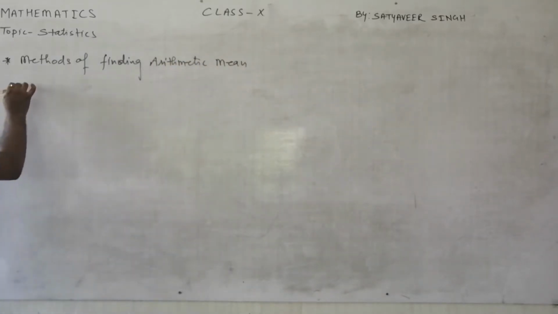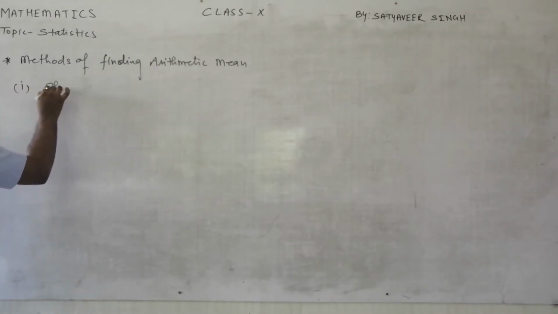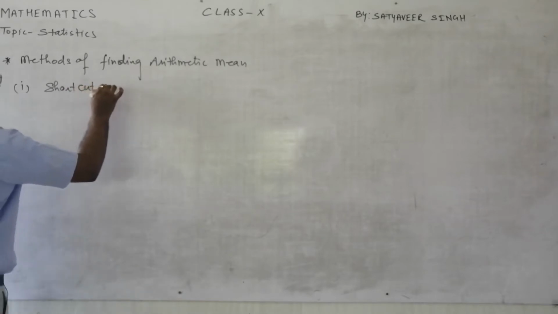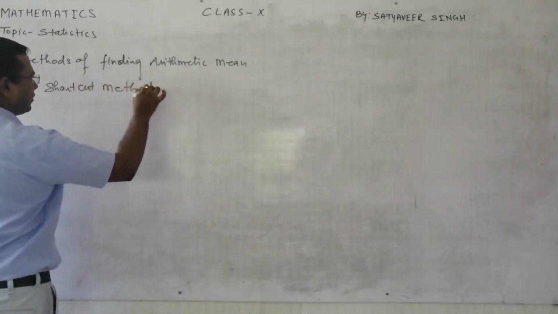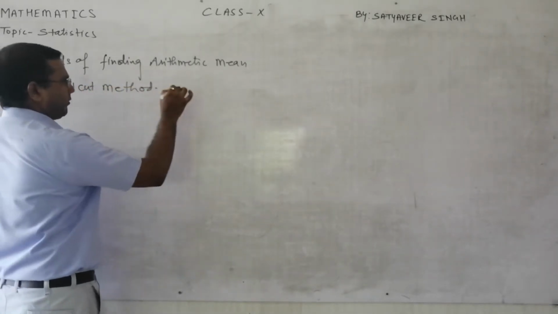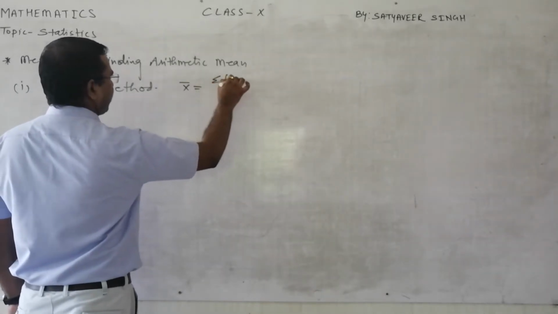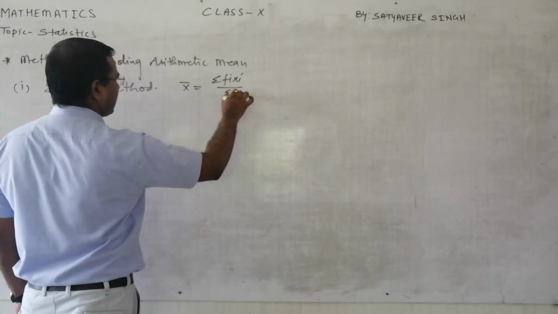So these are the methods. One is called the shortcut method, and the formula which we have discussed for this is summation fi xi upon summation fi.